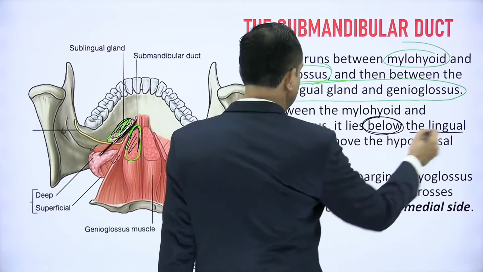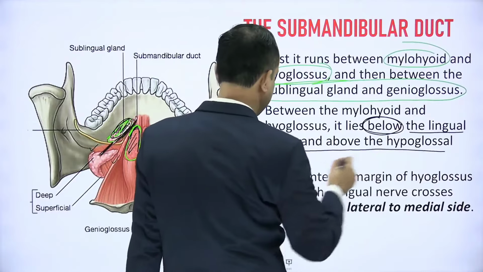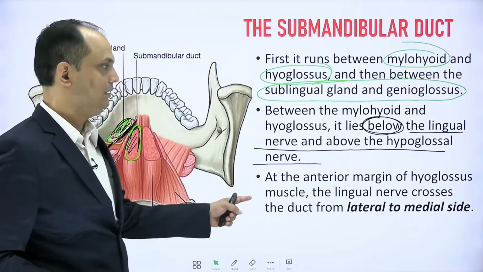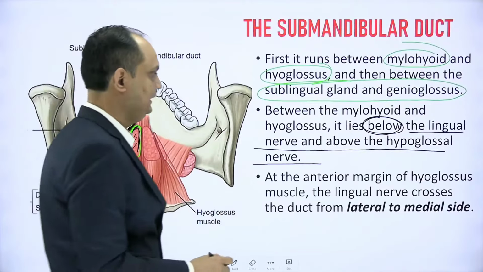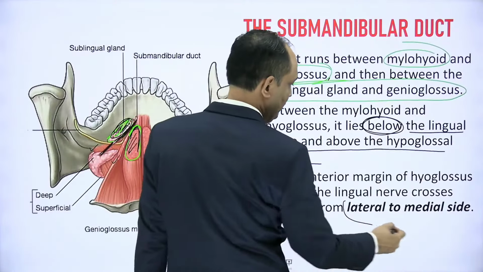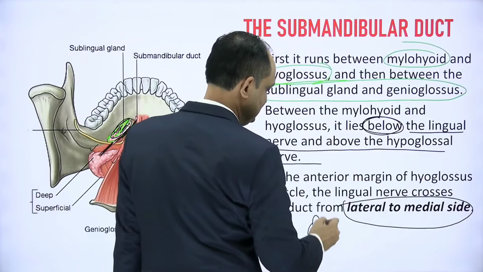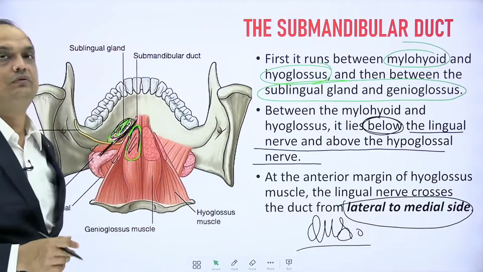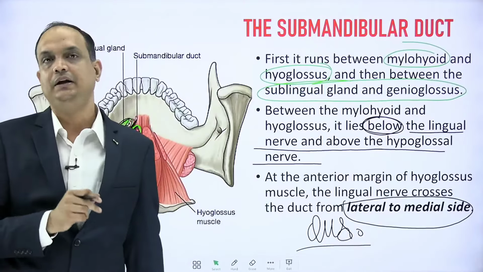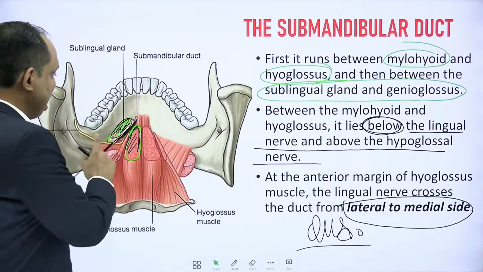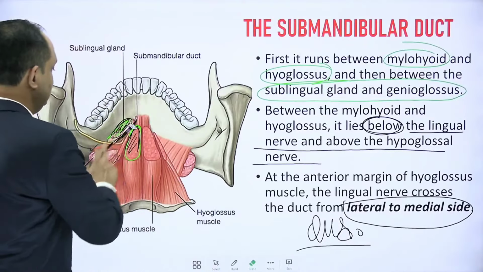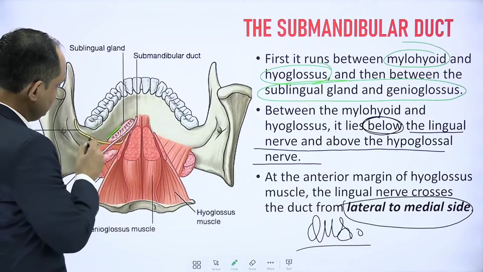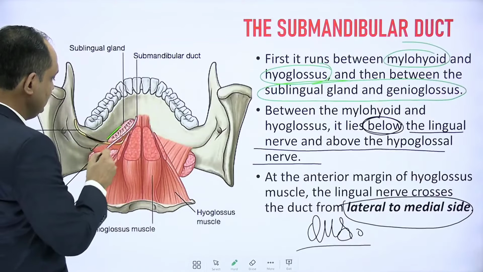First it lies below the lingual nerve and above the hypoglossal nerve at the entry margin through the hyoglossus muscle. The lingual nerve crosses the duct from lateral to medial side. Now, this is a very important question: what is the relation of the lingual nerve with the submandibular duct? When you see this diagram, you have to understand the relation: first the lingual nerve lies above the duct.